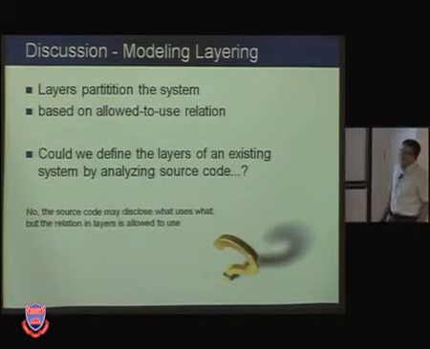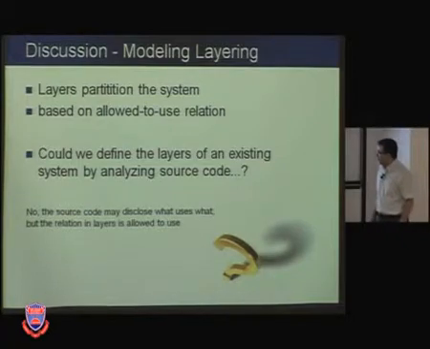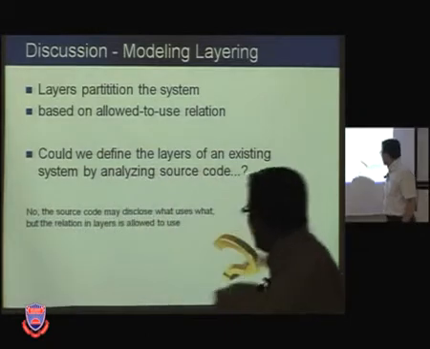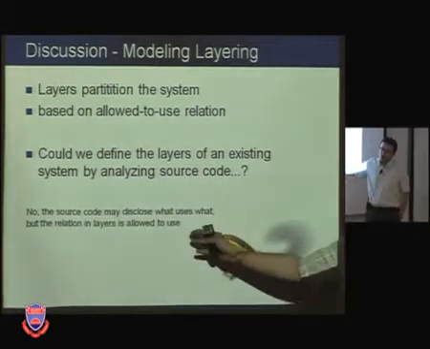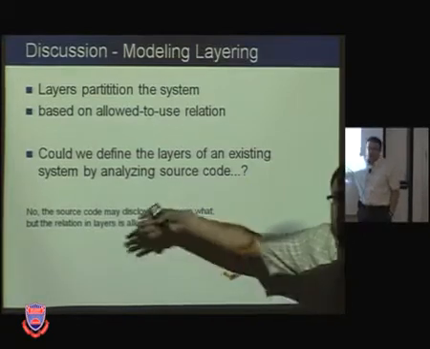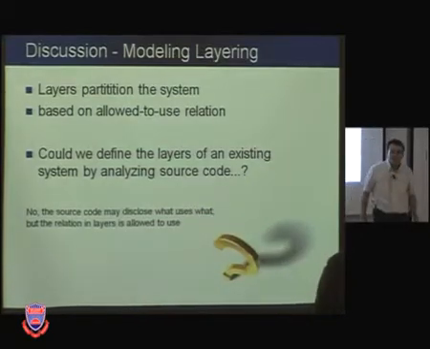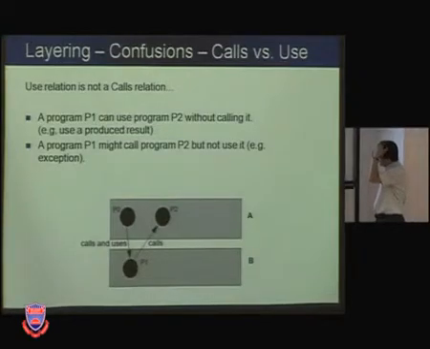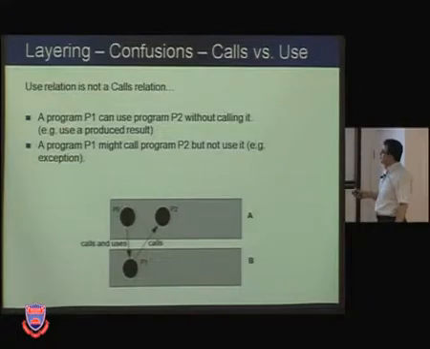Partially true, but no. The source code may disclose what uses what, but the relation is allowed to use. But it's partially true. Why? If it happens that the use relations are also the allowed to use. We have seen this before. Confusions: calls versus use. Use relation is not a calls relation.